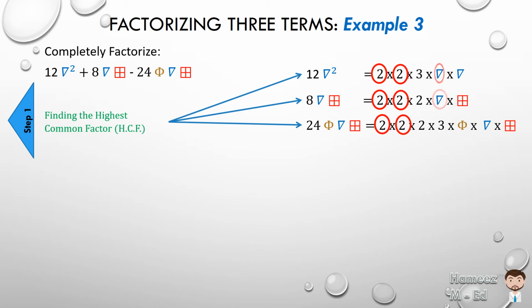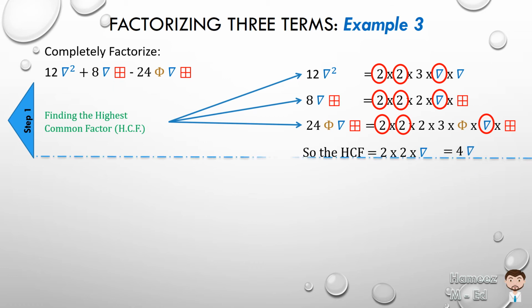However, we have triangles in all 3. Therefore, the HCF will be 2 times 2 times the triangle, which is 4 triangles. We have now completed step 1.